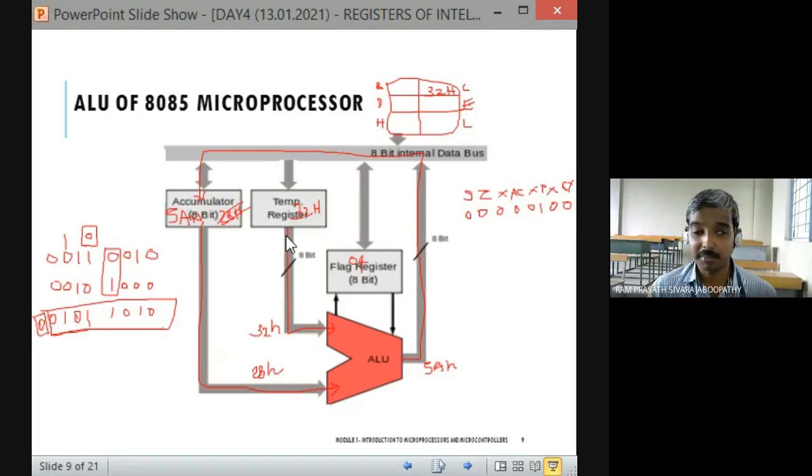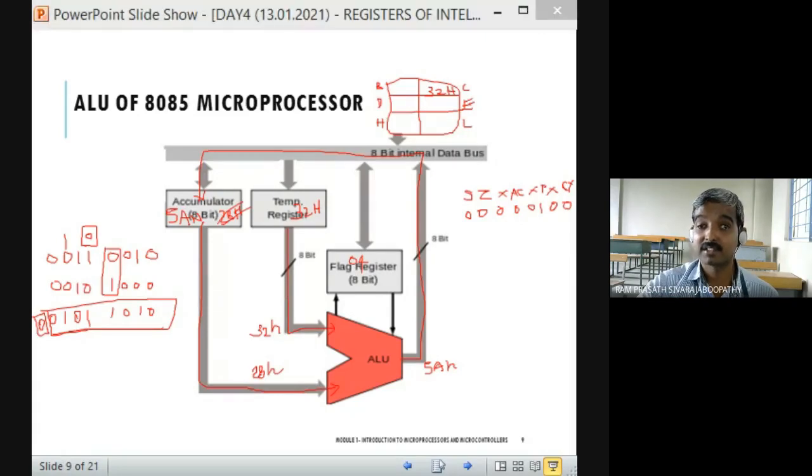Can you people type it in the chat? Ellame accessible or non-accessible? Non-accessible register, very good. That means these registers are used for internal operation by the CPU. Clear? Any doubts? Okay? எல்லாருக்கும் புரிஞ்சதப்பா? Is it clear?